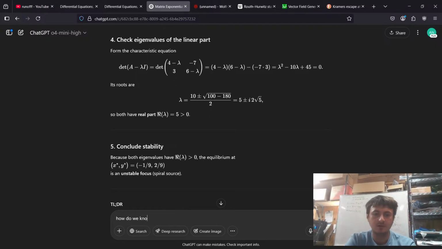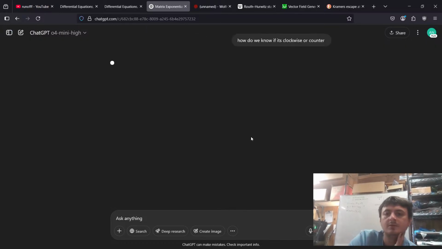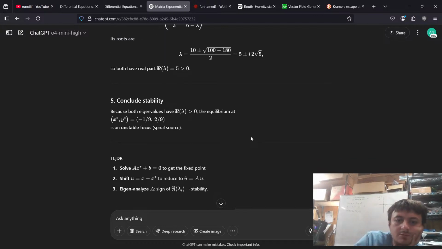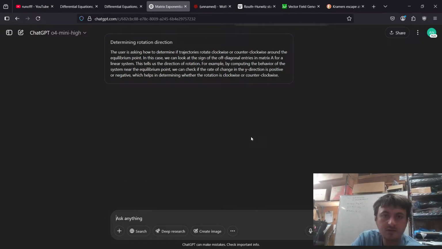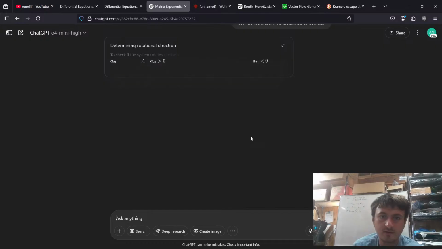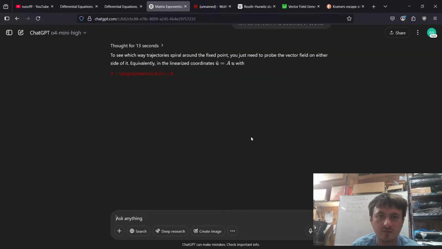How do we know if it's clockwise or counterclockwise? It's got to be counterclockwise, but I don't know why. Just telling by the picture it's counterclockwise.